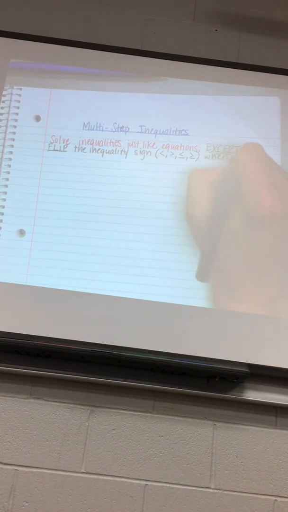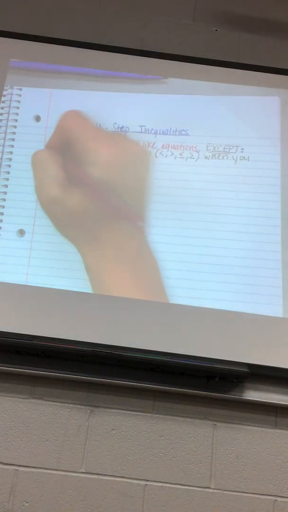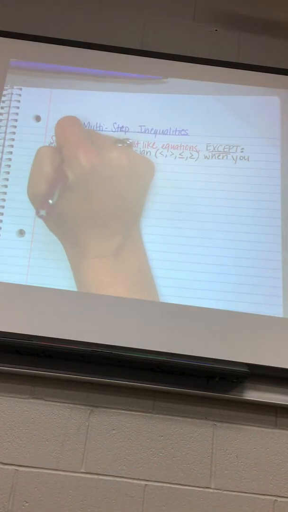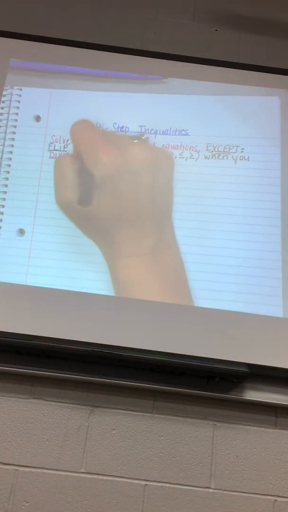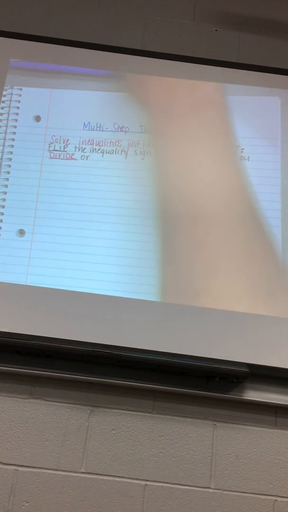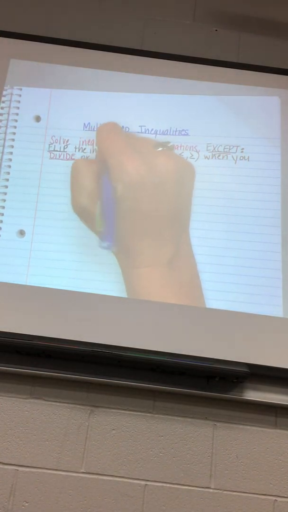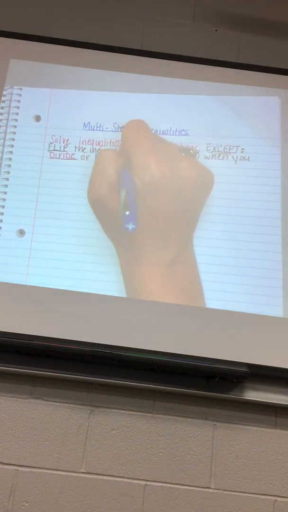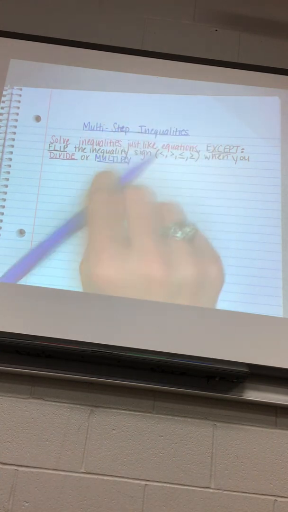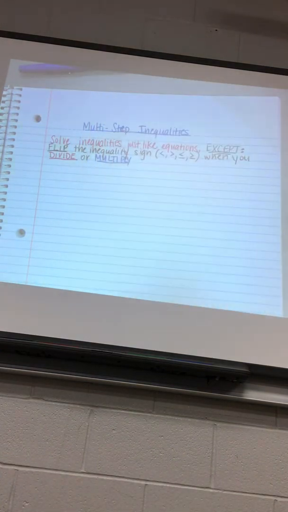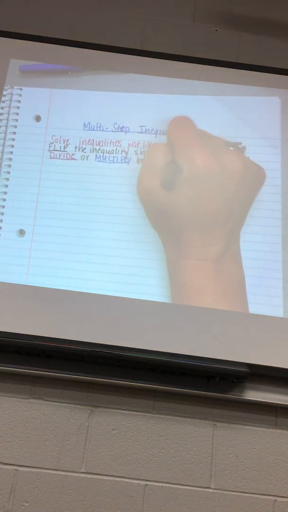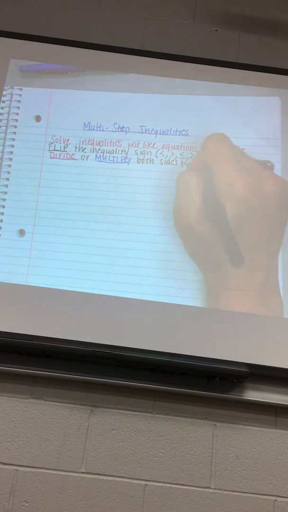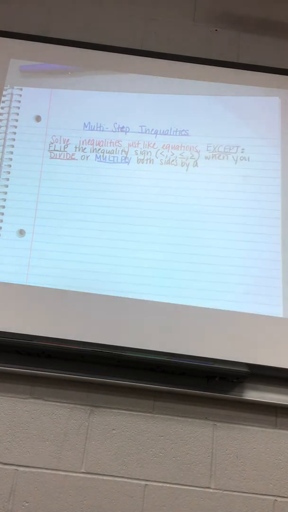When you divide or multiply both sides by, here's the big change.